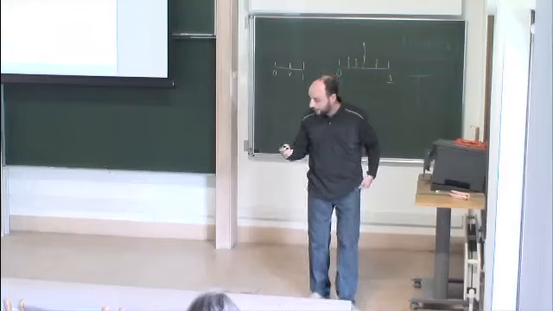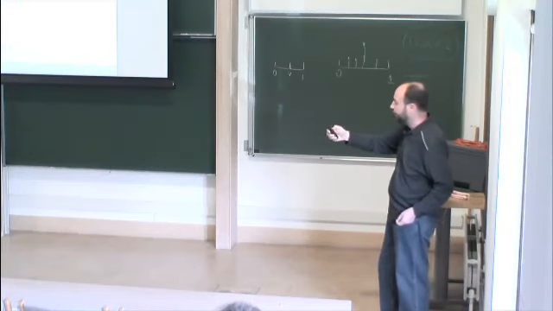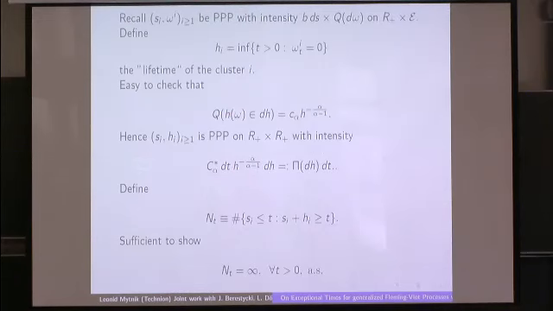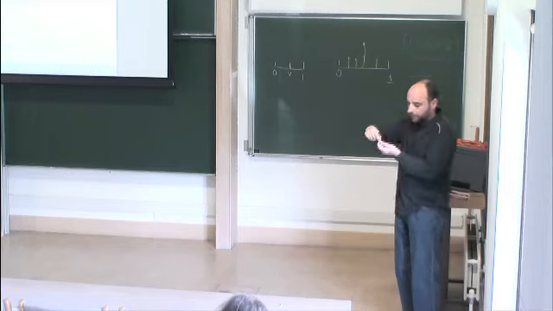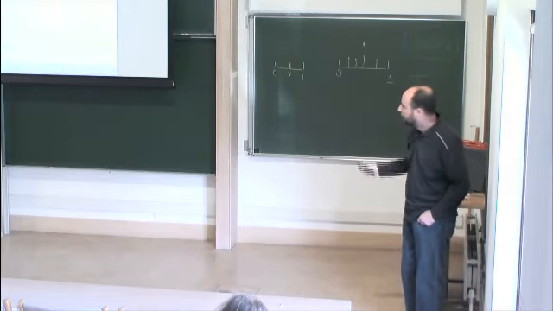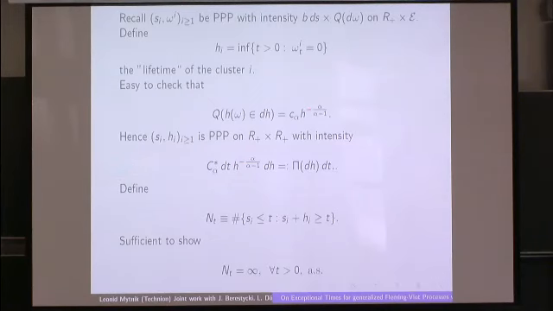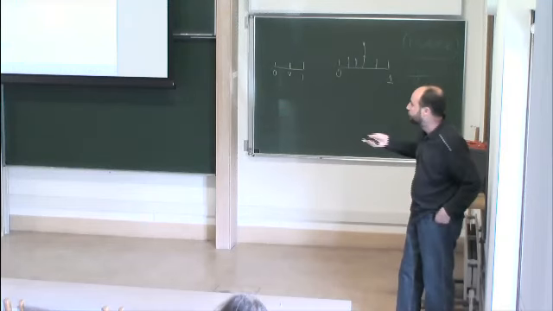Okay, and so what is important here, we know the excursion law of each cluster, which means we can also show how long it lives in terms of this excursion law. And this measure Q says that in fact the density law of the lifetime of each cluster is given by h to the power minus alpha over alpha minus 1. And here you can by the way see that this power is minimal when alpha equals 2, we'll see why it's important.